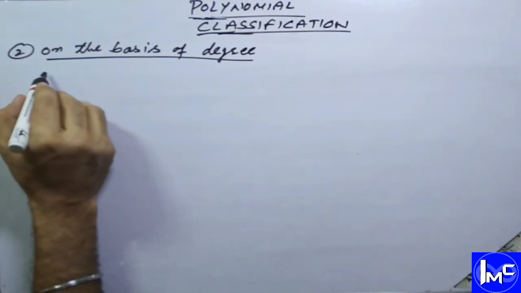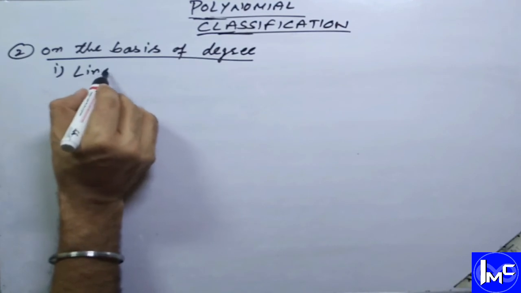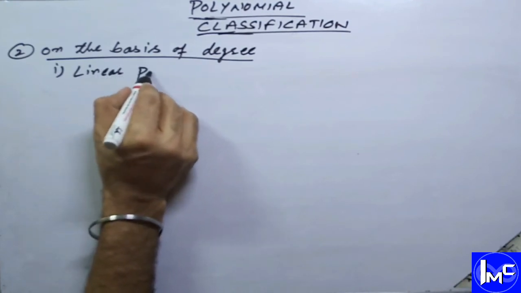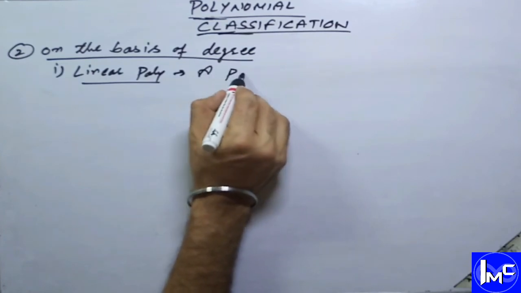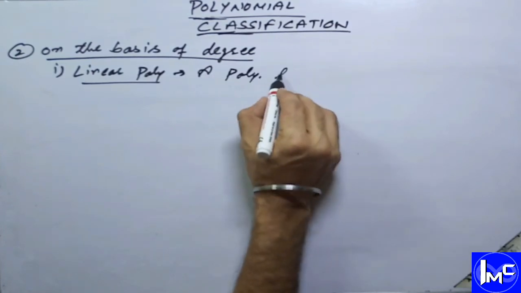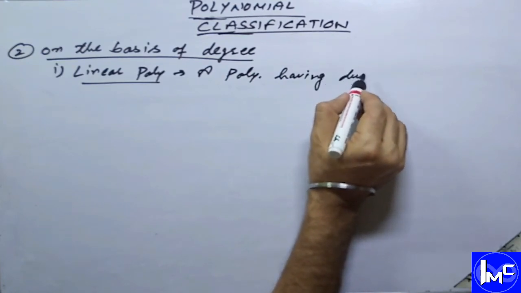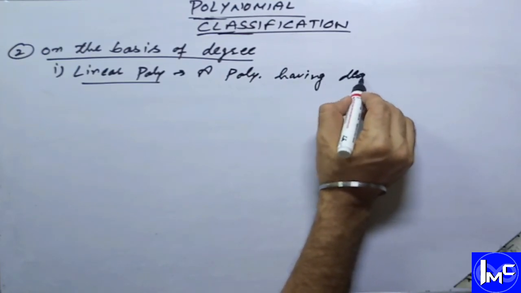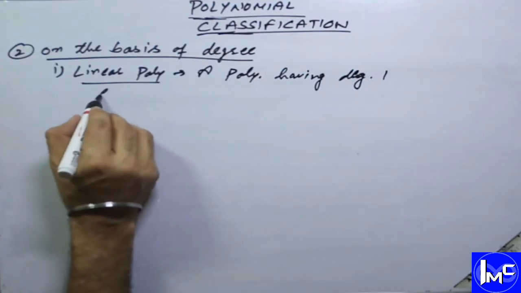First one is linear polynomial. A polynomial having degree 1.